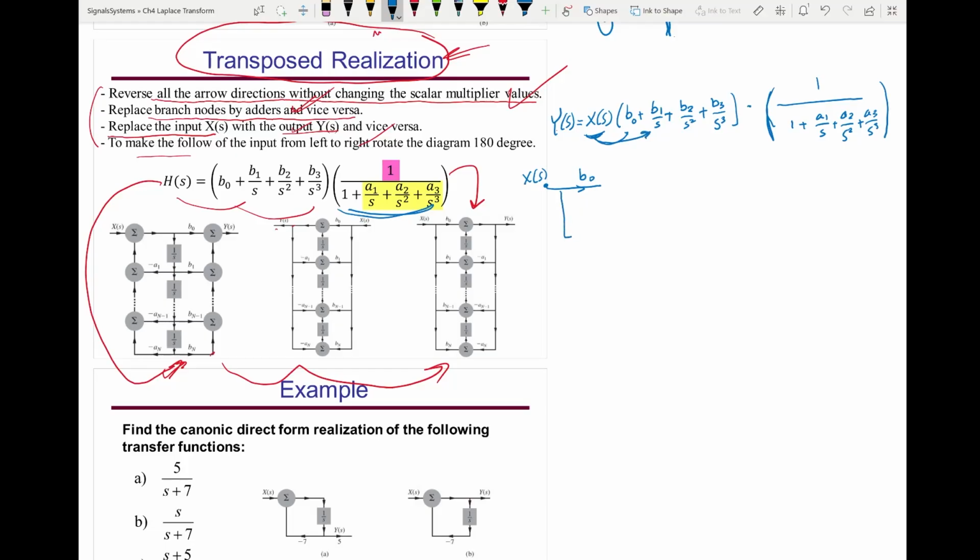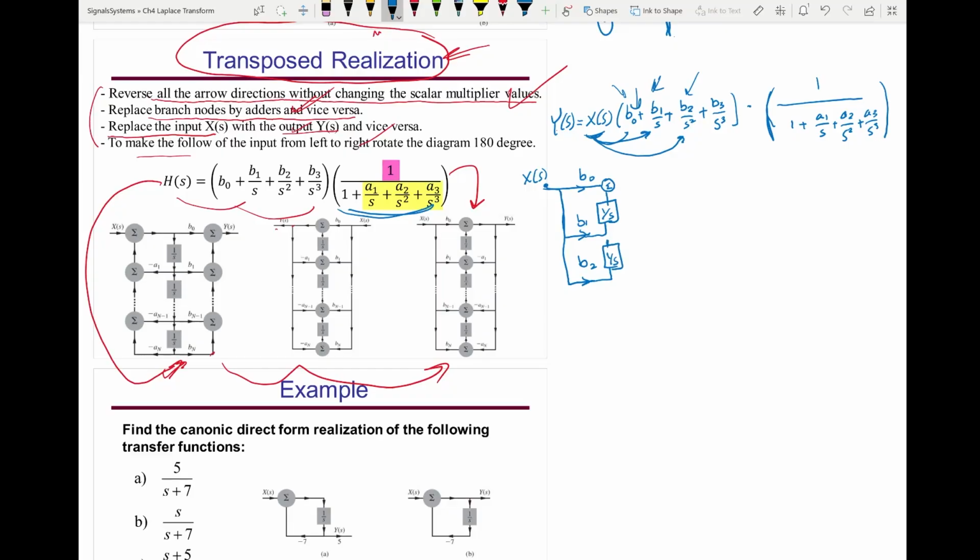So then I need another amplifier b1, and it goes to an integrator. And I sum it with this: x of s times b0, x of s integrated times b1. Then x of s goes to a second integrator and is amplified by b2. So then x of s here is first amplified by b2, then it goes to a second integrator.